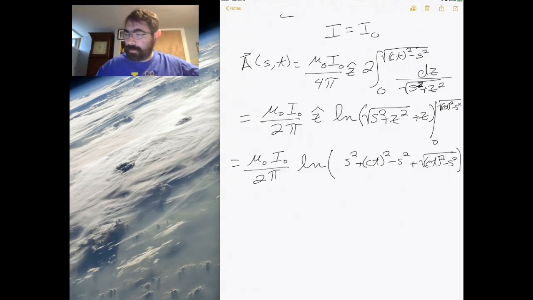So that's the first one, minus the natural log. When z is 0, I would just get the square root of s squared, so I would get s.